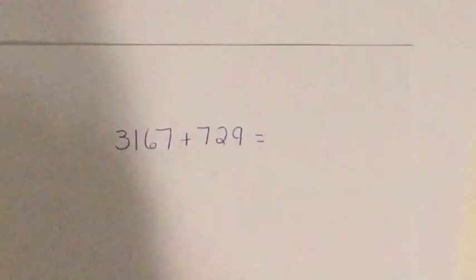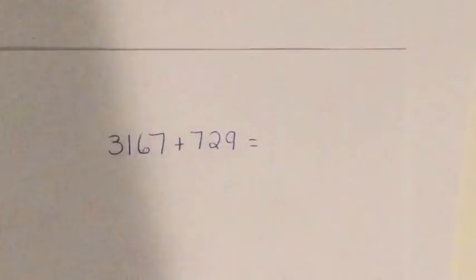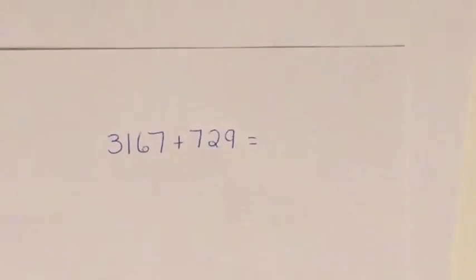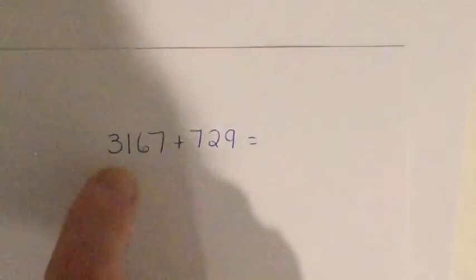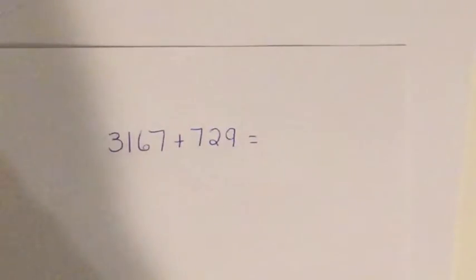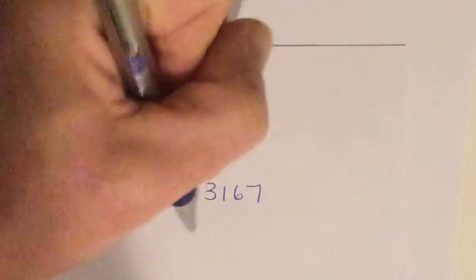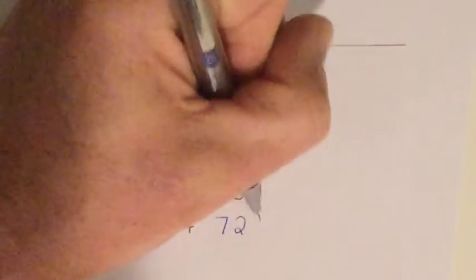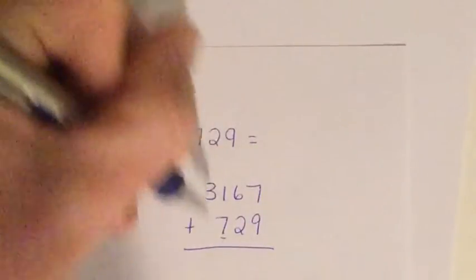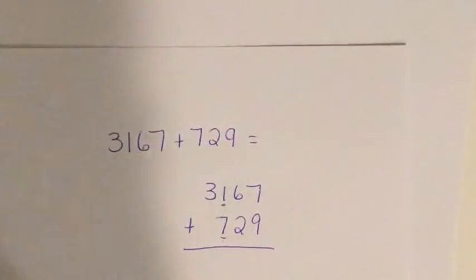Something else we'll practice, because I want to make sure that when they're adding something like this, they put it in the correct spots. So if I'm going to add this in that vertical way that we all know, I've got to make sure that my hundreds digits are lined up, my ones digits are lined up.